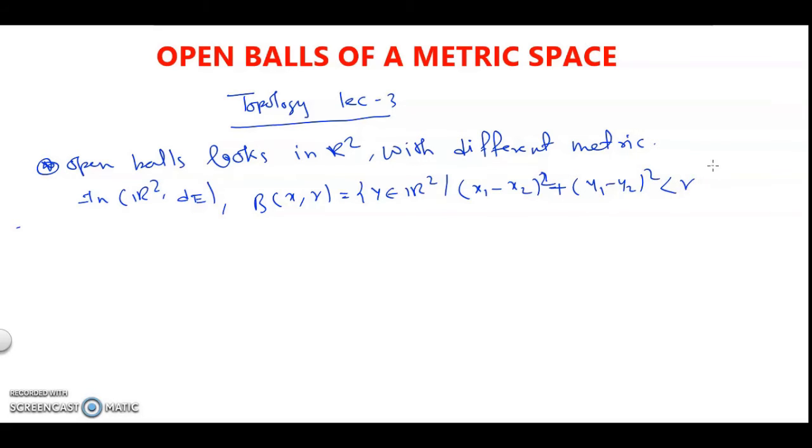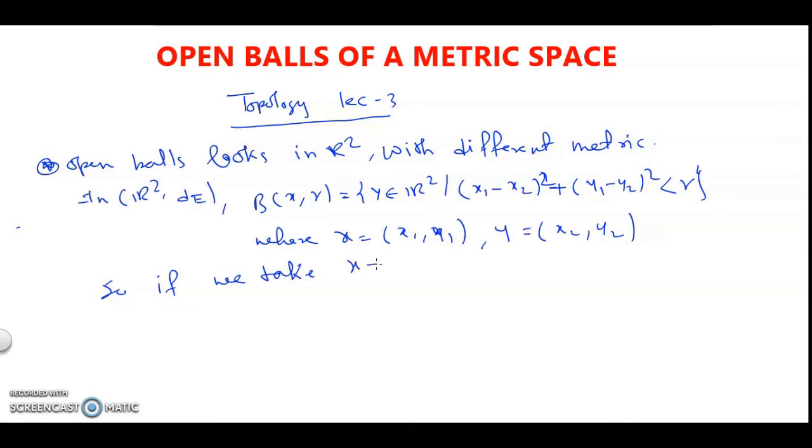That is, r is 1 we have considered. Here x is (x1, y1) and y is (x2, y2).